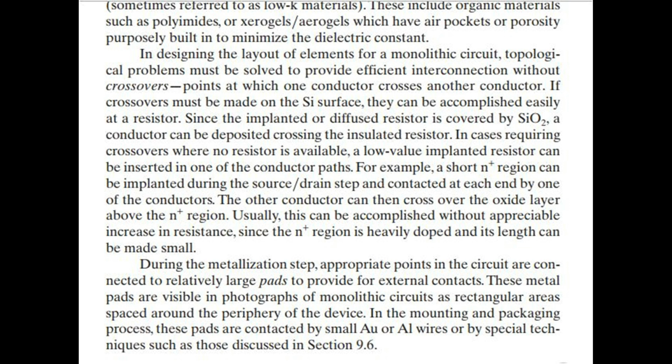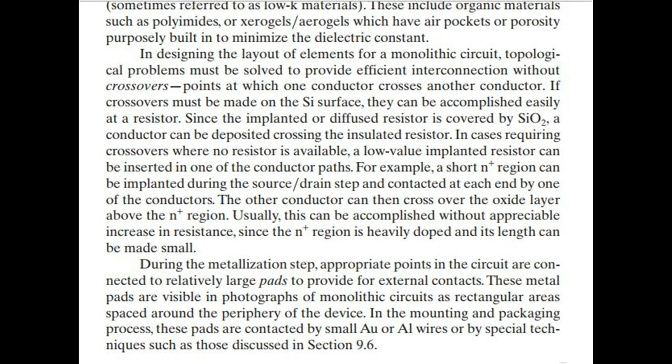If crossovers must be made on the silicon surface, they can be accomplished easily at a resistor. Since the implanted or diffused resistor is covered by silicon dioxide, a conductor can be deposited crossing the insulated resistor. In cases requiring crossovers where no resistor is available, a low-value implanted resistor can be inserted in one of the conductor paths.